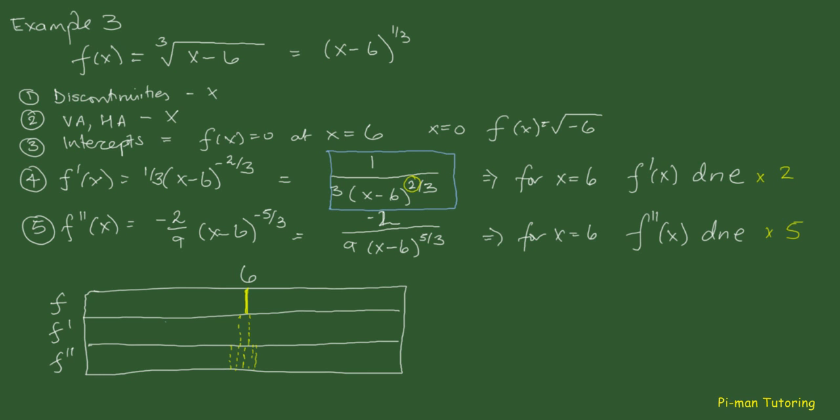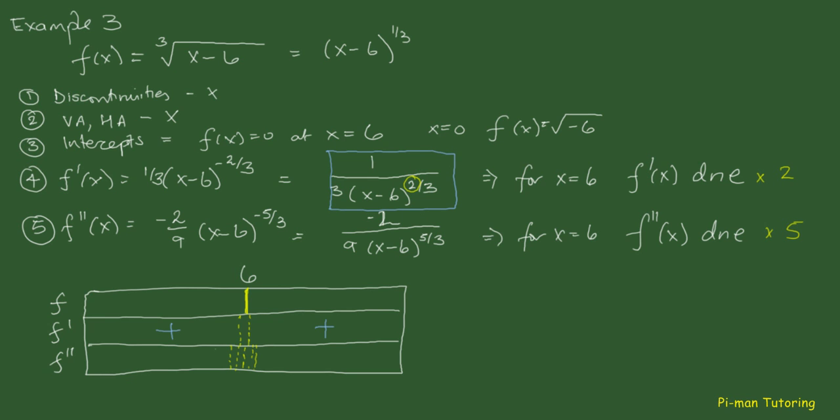And so over here the slope is positive. For numbers greater than 6, x minus 6 will be positive, and when I square it and take the cube root, that will also be positive. So the slope of the function remains positive throughout.